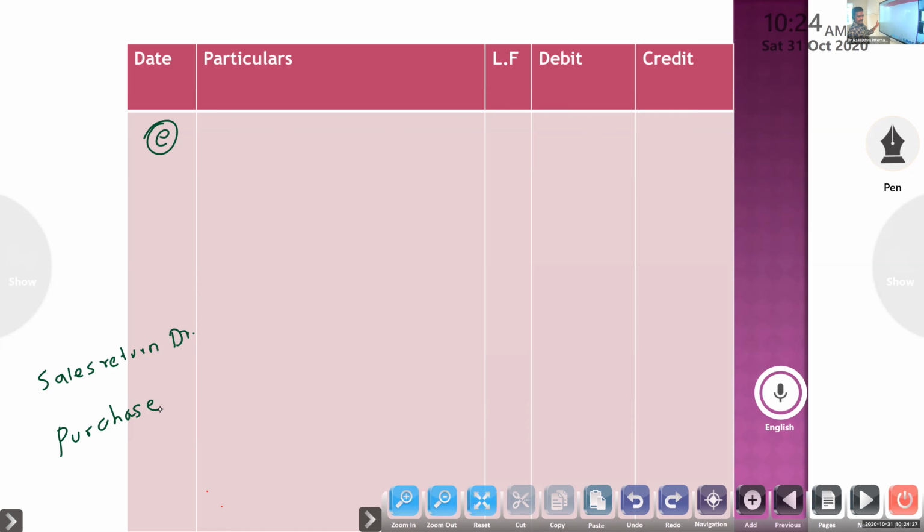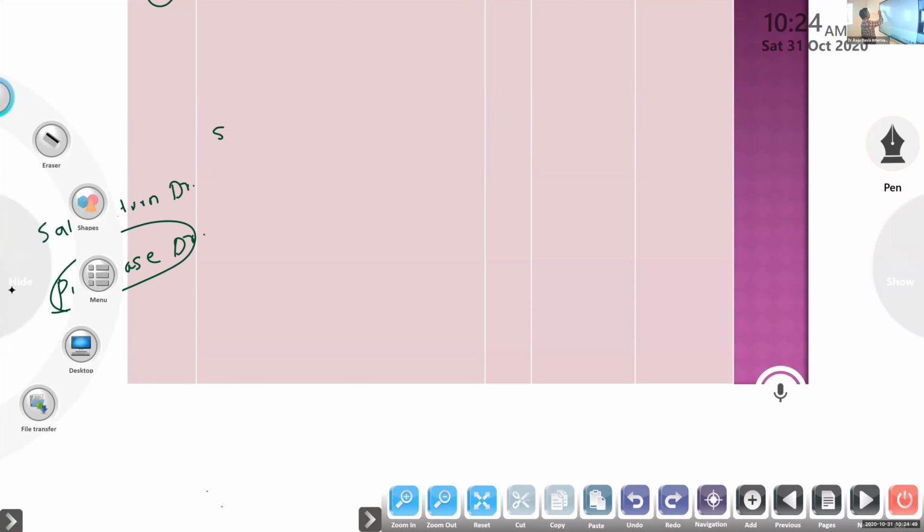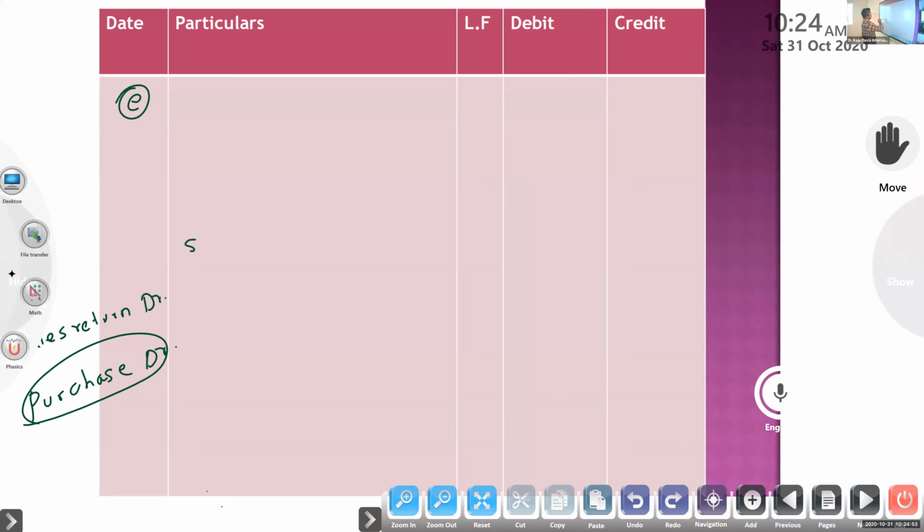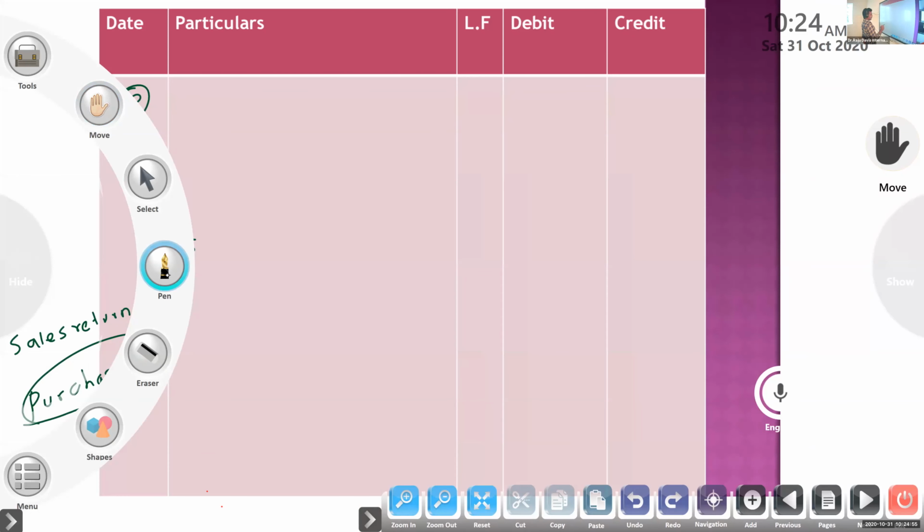Here, sales return recorded in purchase. Purchase also debit. Wrong head. Errors of principle. No double effect that we can easily rectify. Sales return recorded in the purchase. So it is wrong. Correct debit is sales return.